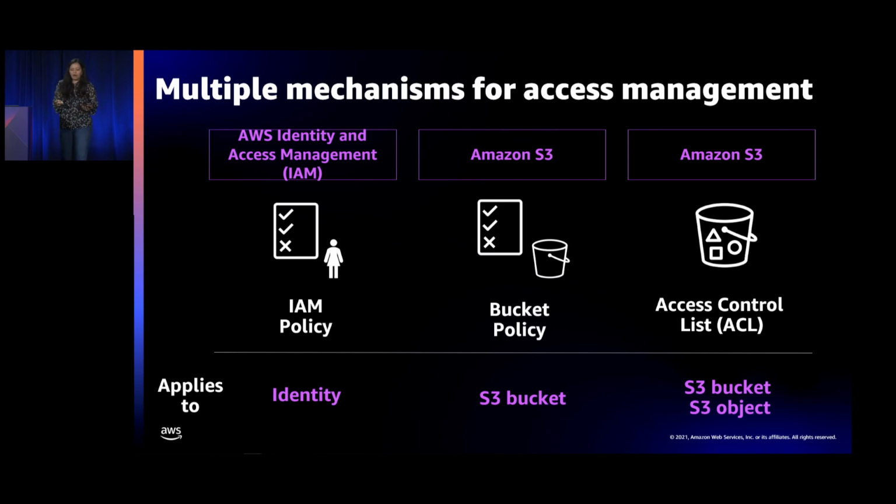This is usually how you define or grant external AWS account access. And lastly, there is access control list, which predates IAM and was the original way S3 granted access to your bucket and object and still exists today. It's an atomic attribute for each bucket and object, and you have to invoke it individually.